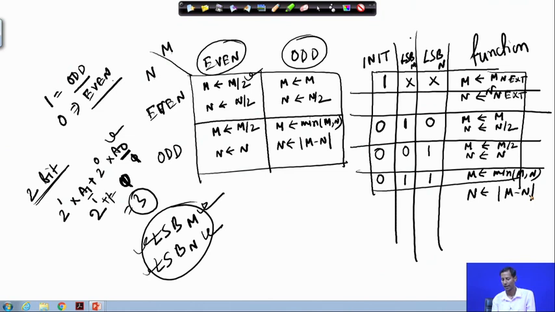And for the 0 0 case, m will be m by 2 and n will be n by 2. So, m equals m means, basically, the input and output will be the same.